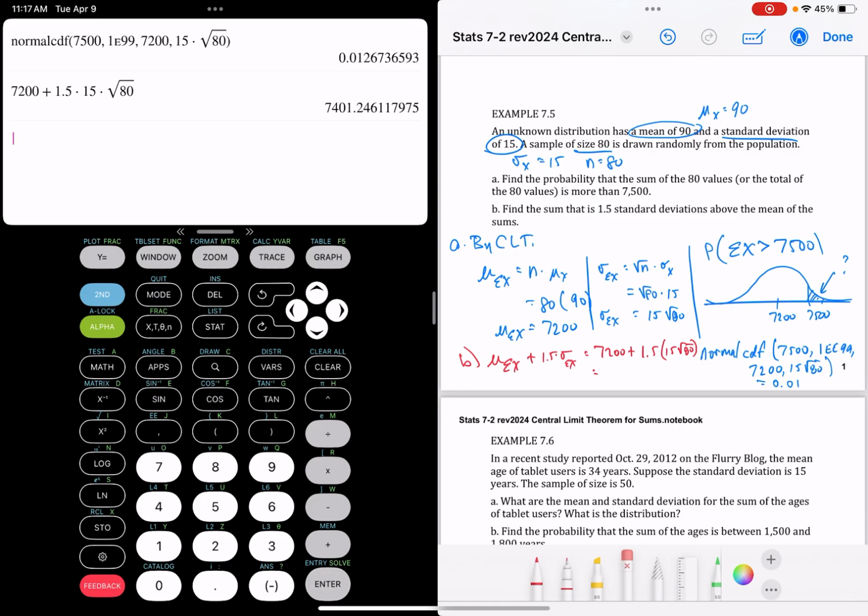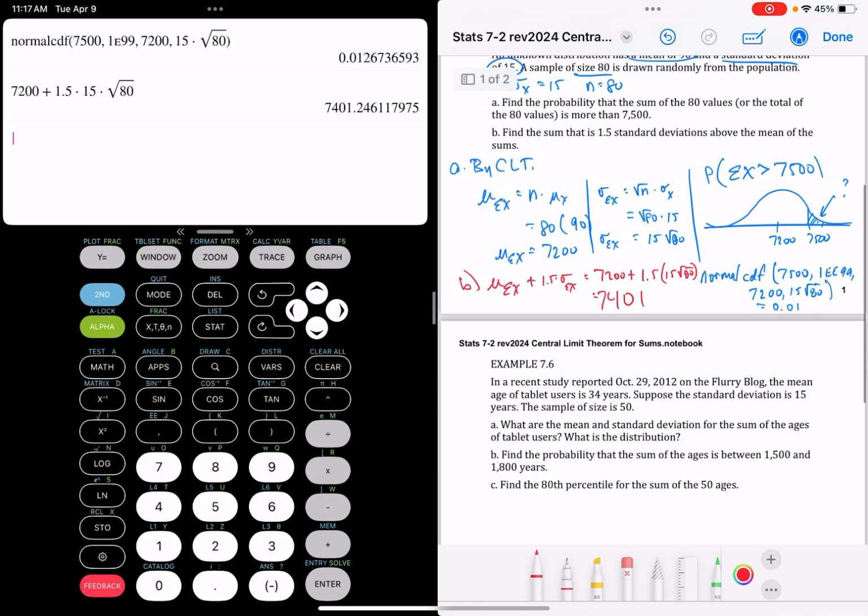I mean, that was 7,401. So 7,401 is our approximate value if we want the value that is 1.5 standard deviations from the mean.